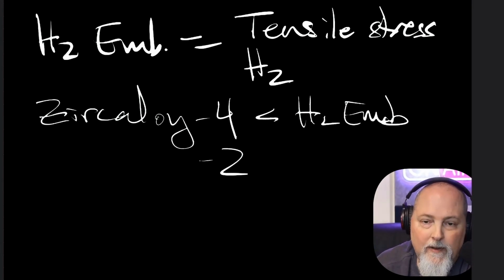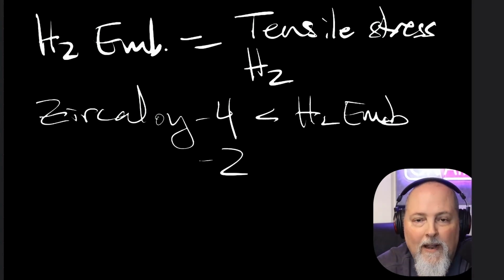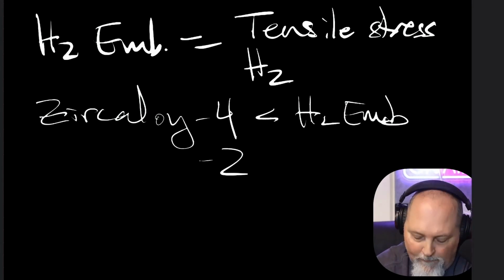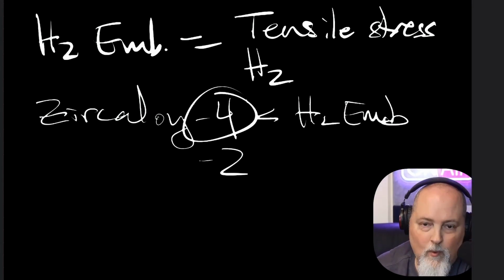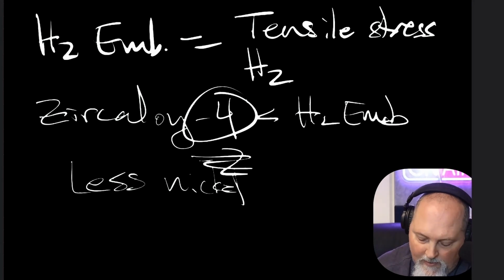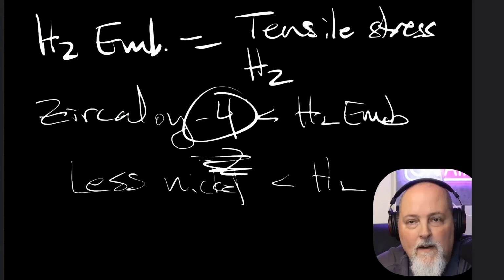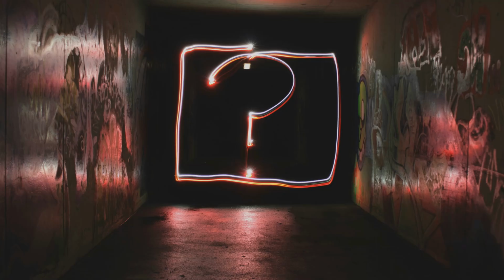Lower nickel amounts in the alloy reduce its ability to pick up hydrogen, which reduces the hydride formation and makes the material less susceptible to embrittlement and cracking. So zircaloy 4, less nickel than 2, and therefore less hydrogen pickup. All right, let's pause here for a question.